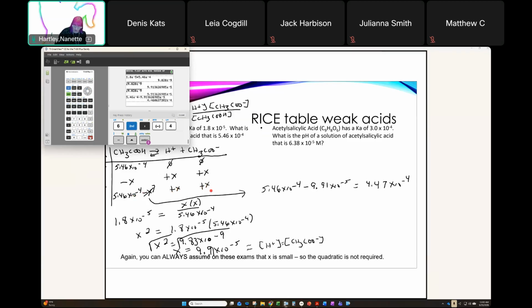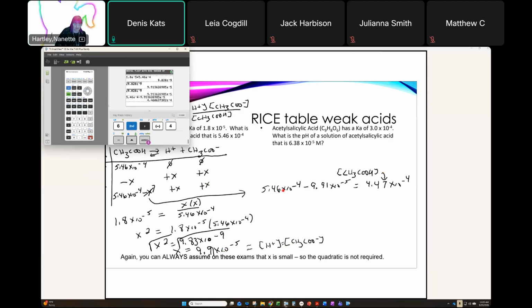So these two are equal right here to this. That is correct. But if you want to know the concentration of the acid, the CH3COOH, that's equal to this, because you have to subtract that value from your initial concentration.